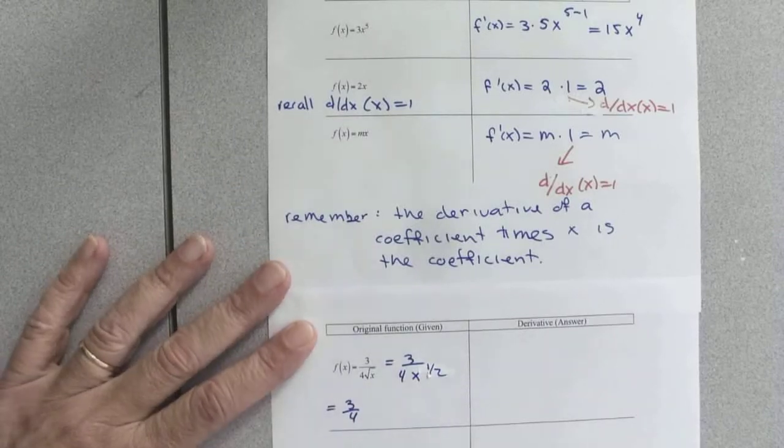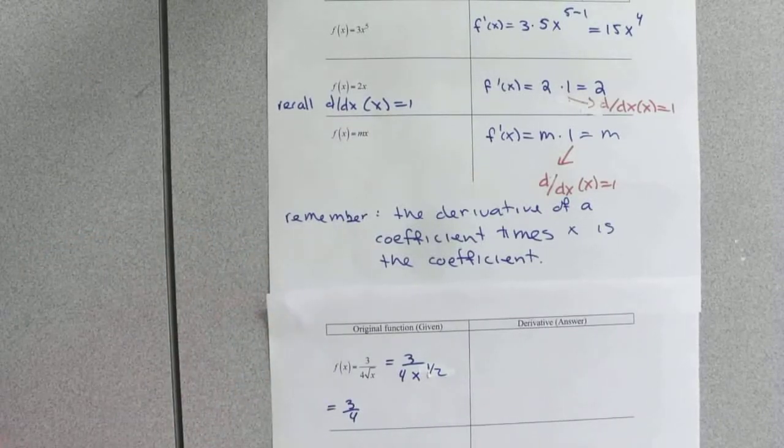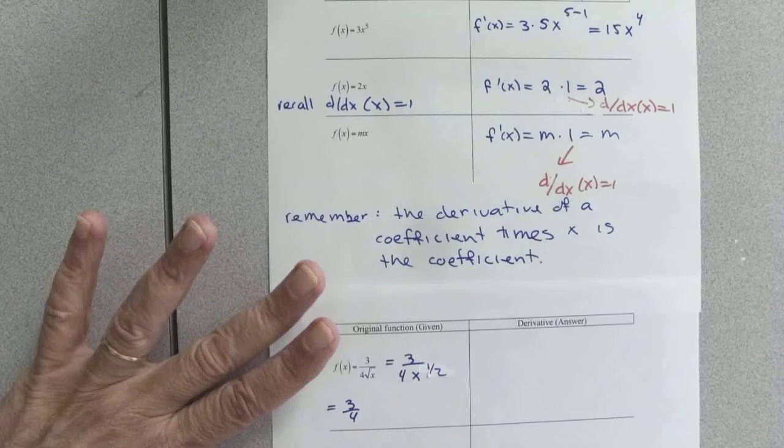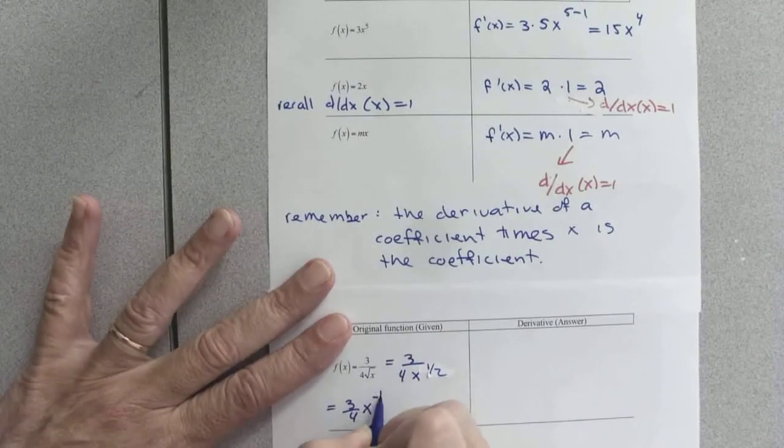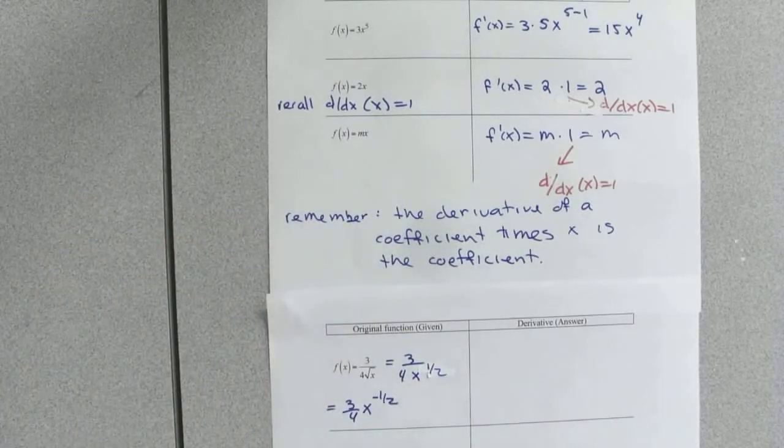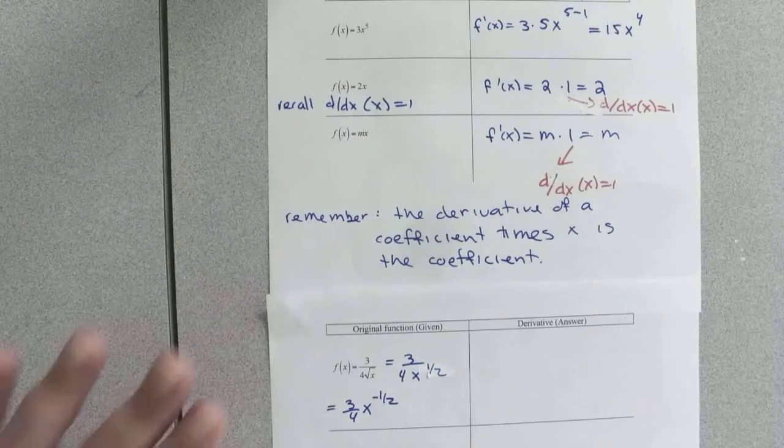And then I honestly don't care about that 4 in the denominator. I care about the x in the denominator. So moving only the x, I get x to the negative 1/2. And remember that exponent of 1/2 applies to the one factor to which it's adjacent. So the 1/2 only applied to the x, and I do not need to move the 4 anyway.